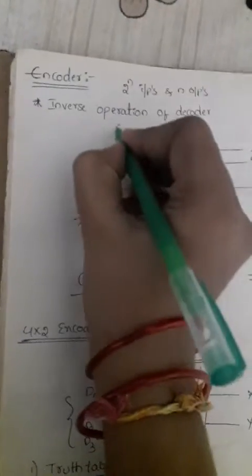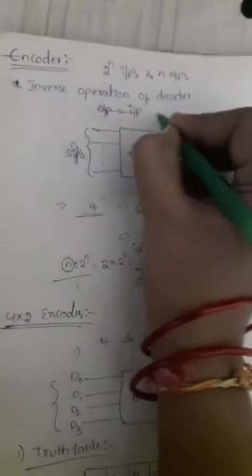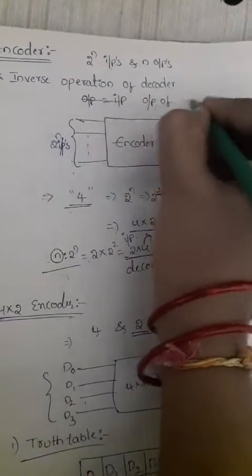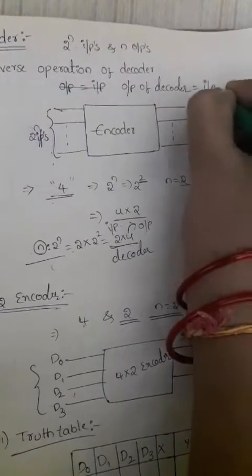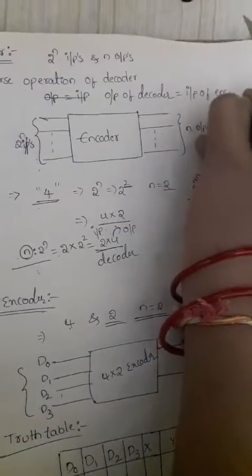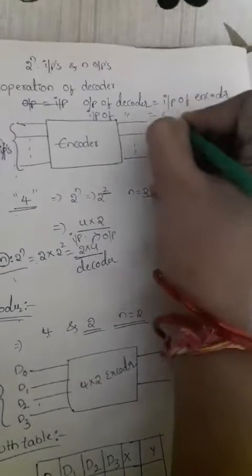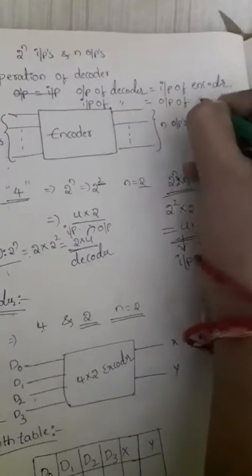So output of decoder is equal to input of encoder. What is the reverse operation? Like this we can choose it. Okay, so input of decoder is equal to output of encoder.